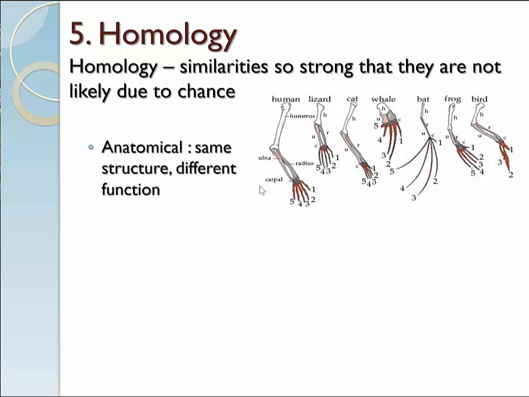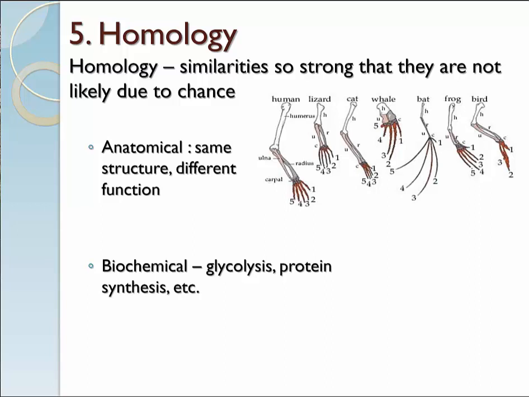The best explanation is that all these creatures shared a common ancestor, and from that common ancestor they inherited the bones in their forelimbs. Another type of homology is biochemical. We have talked about glycolysis. Recall that glycolysis is the first part of aerobic respiration, anaerobic respiration, as well as fermentation. All living creatures on Earth do glycolysis.